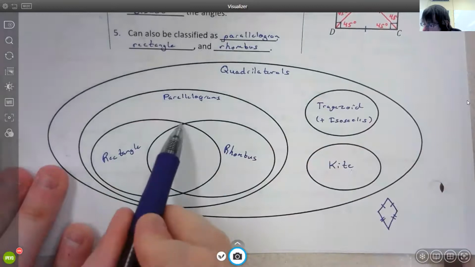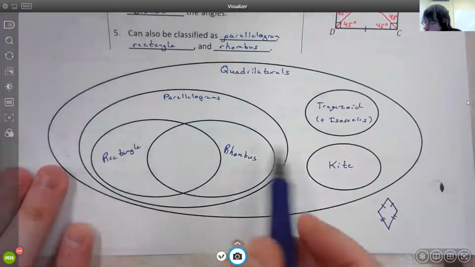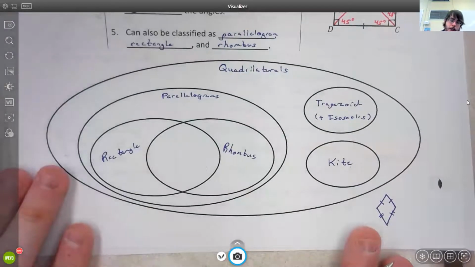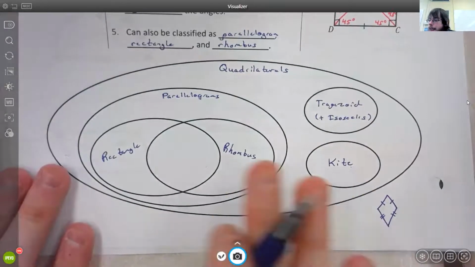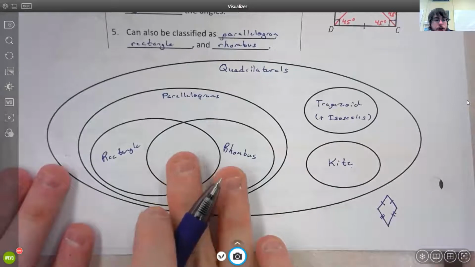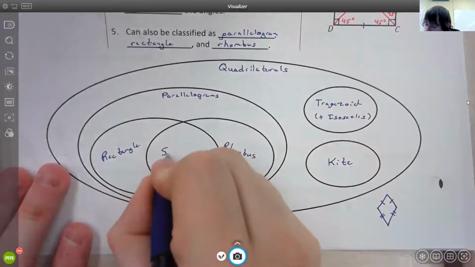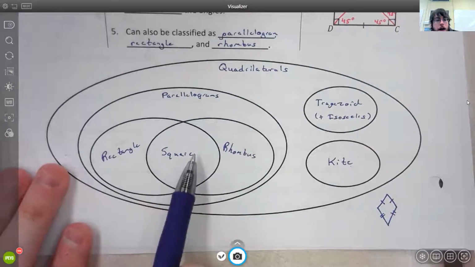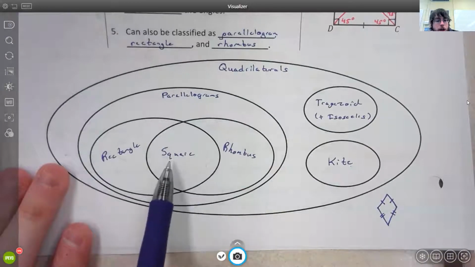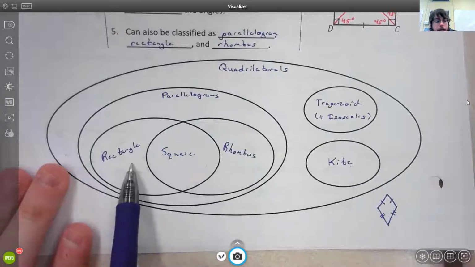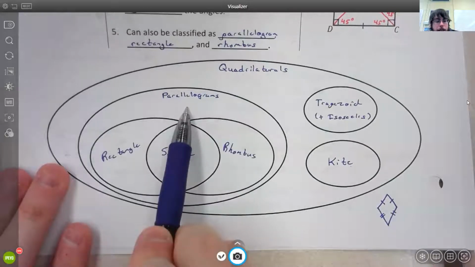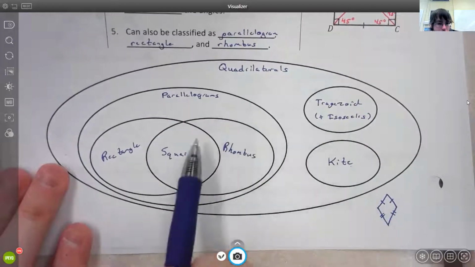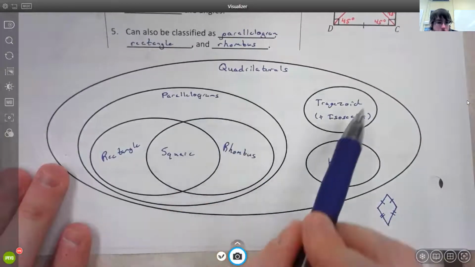So this circle here represents the rectangle. This circle here represents the rhombus. It's just like when you did these in English class. And in this shared space, we're going to put the square. And what this means is that a square is all of these things here. So a square is a rhombus and a rectangle and a parallelogram and a quadrilateral. But it's not a trapezoid because it doesn't share any space with the trapezoid bubble.